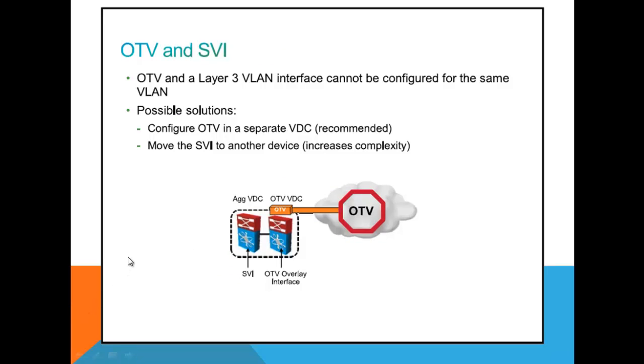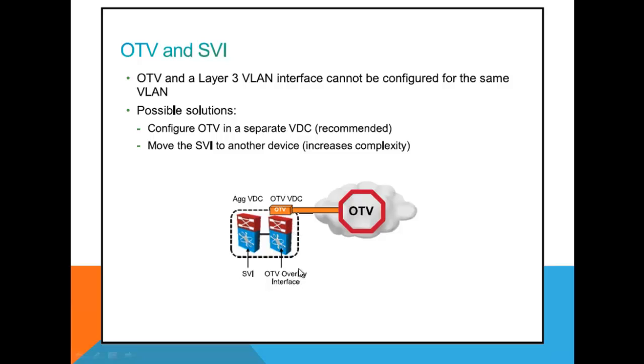Now, when you want to use same VLAN for OTV as well as for SVI, you can do it only if it is two physical device or two logical device. You create two VDC. Let's say you want to have VLAN 200 on OTV.